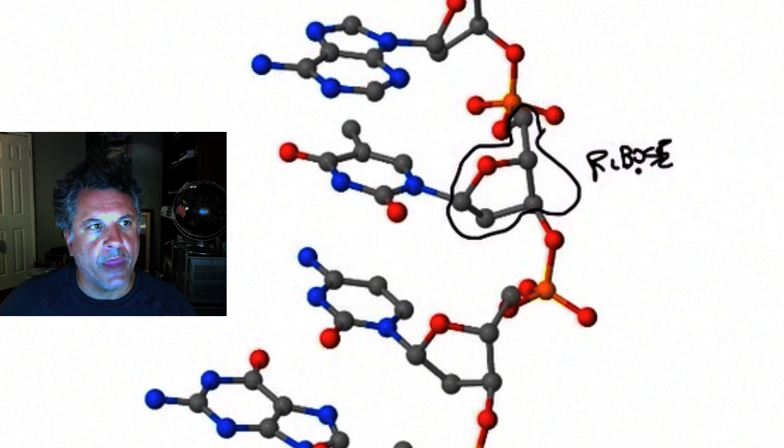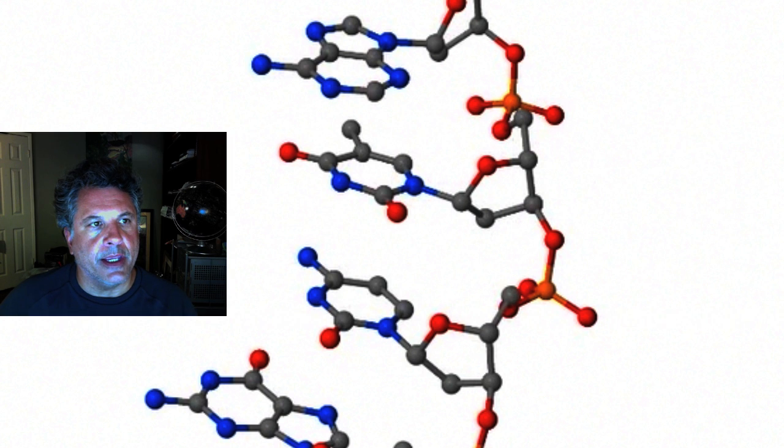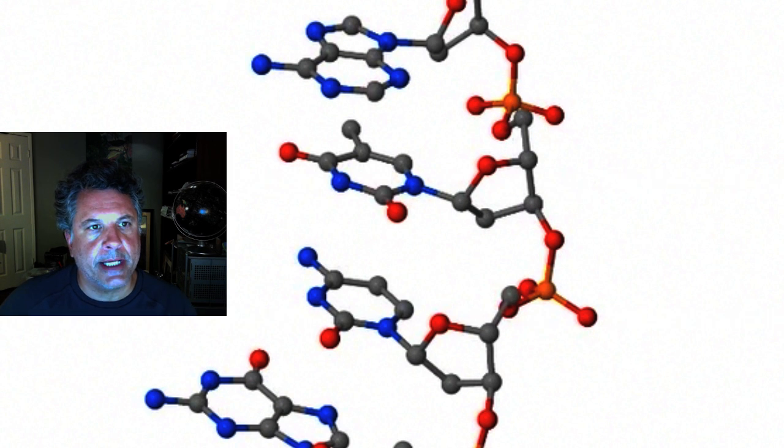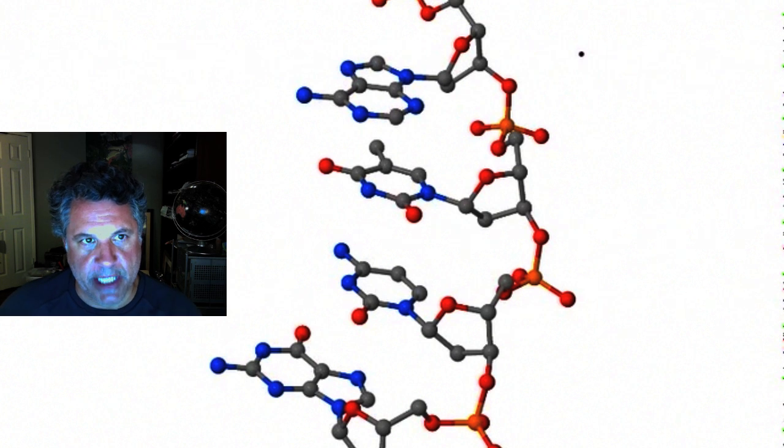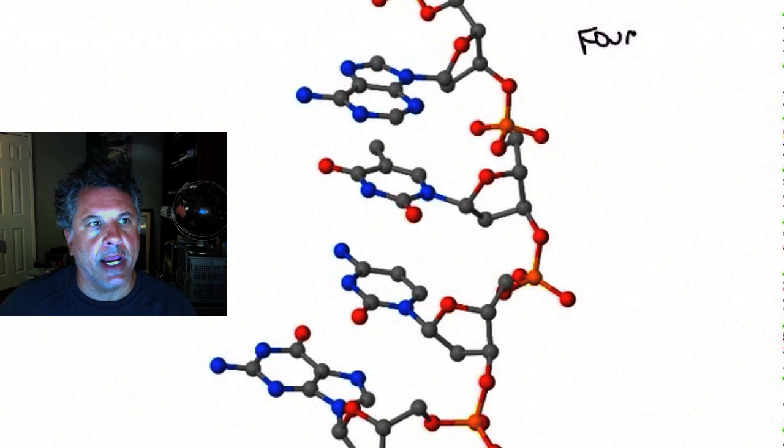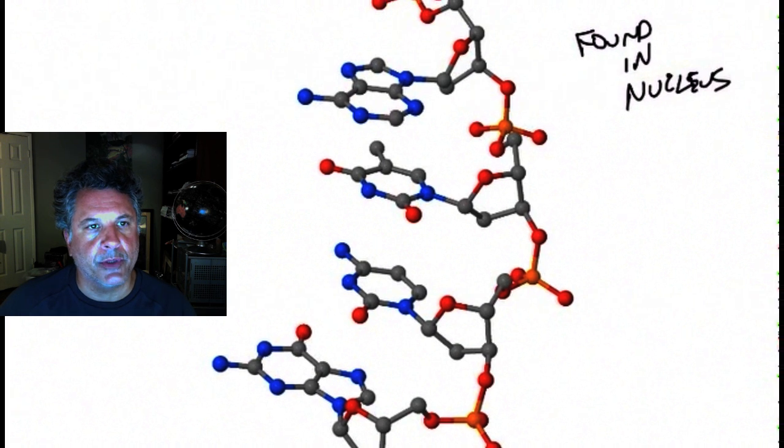And we know that the nucleic acids are so named because they were first discovered in the nucleus. Even though RNA is found in the cytoplasm as well, nevertheless, RNA and DNA are known as nucleic acids because DNA was discovered in the nucleus.